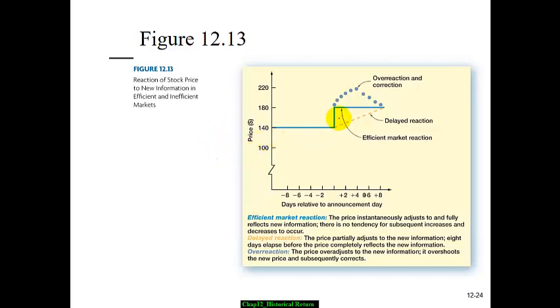When information is announced, sometimes we see an immediate reaction, quickly reflected in the security price. No delay, no overreaction. That's a phenomenon we normally observe in a very efficient market. Sometimes we see that information comes out slowly, or there's overreaction or correction.